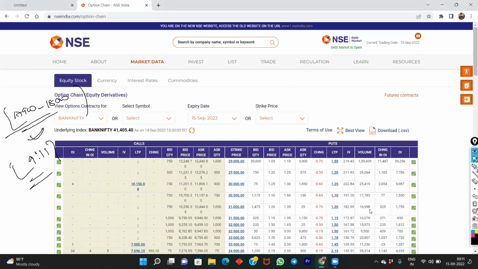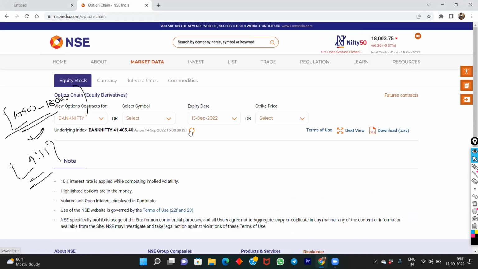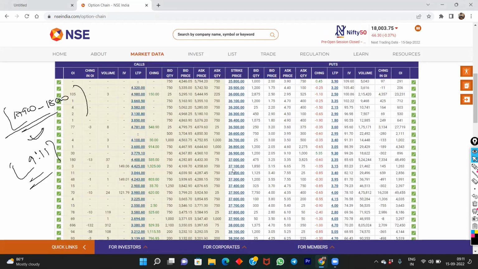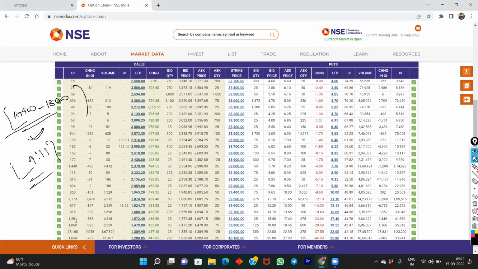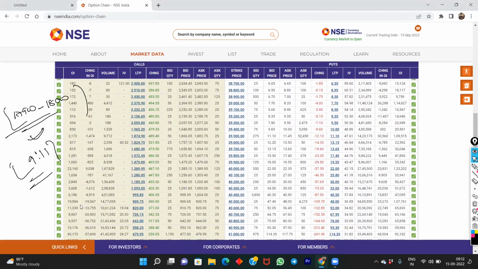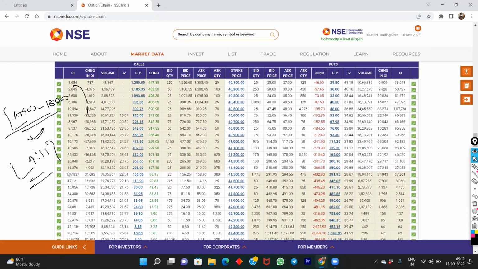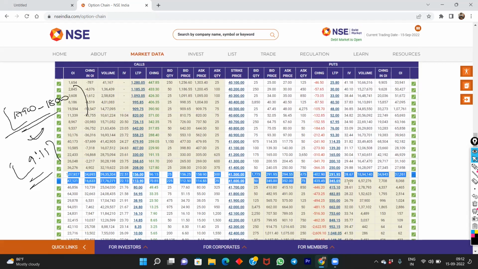This is the chart we have selected for Bank Nifty, and see where the higher data is. On the call side we have to see the higher data, at 41,500, which means Bank Nifty is opening below 41,500.